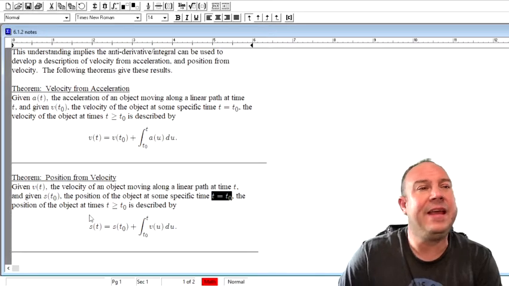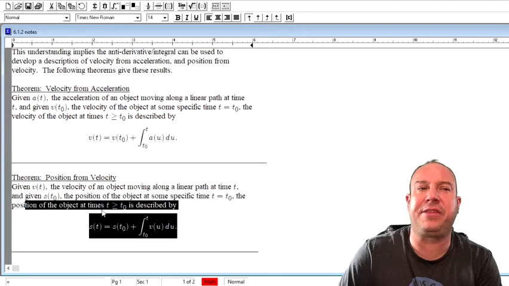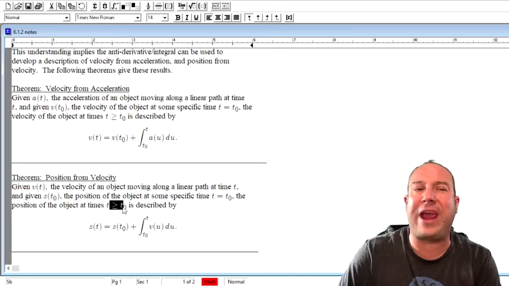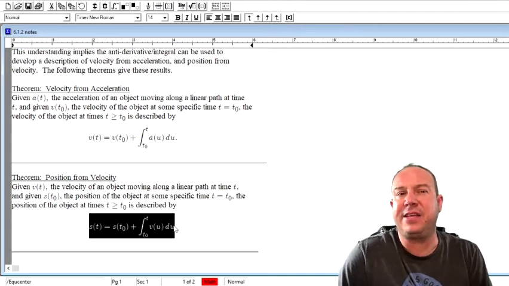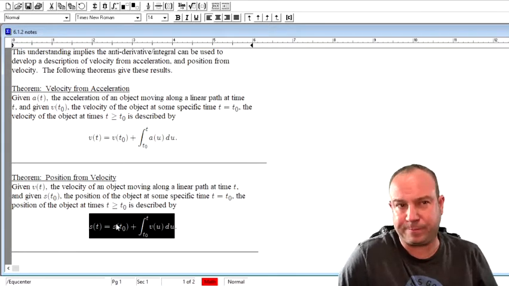The position of the object then at times t greater than or equal to t null is going to be described by this calculation given here.